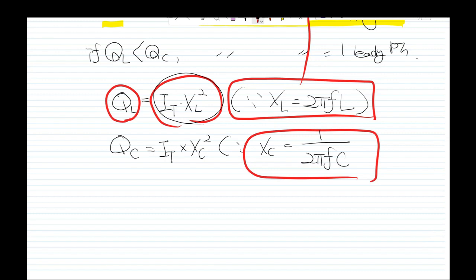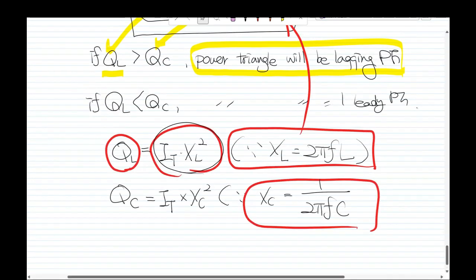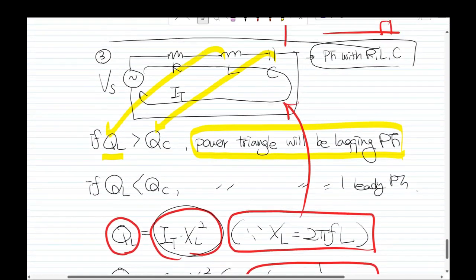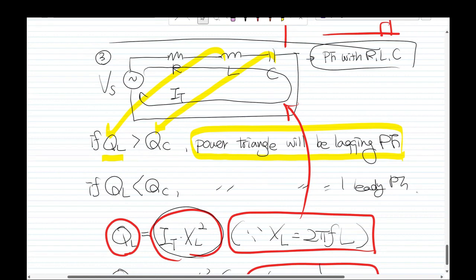So one more time, if you see the quiz or exam with the 3 basic elements in the AC series circuit, I can ask you whether this circuit is leading or lagging, and what the power factor is.